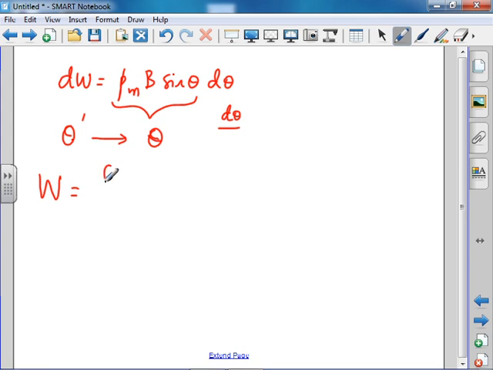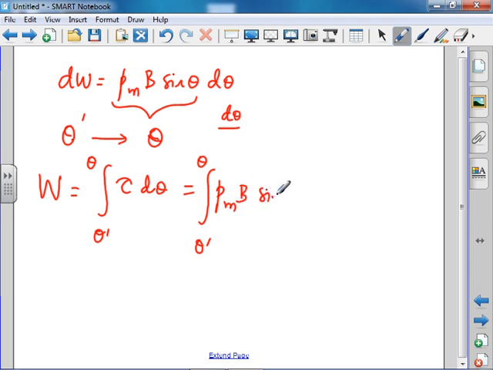So W is equal to the integral from theta dash to theta of tau d theta, which is the integral from theta dash to theta of PMB sin theta d theta. In electrostatics we wrote p E sin theta. The only difference is that here the magnetic dipole moment is PM and the magnetic field is B. That is the only difference between electrostatics and magnetism.